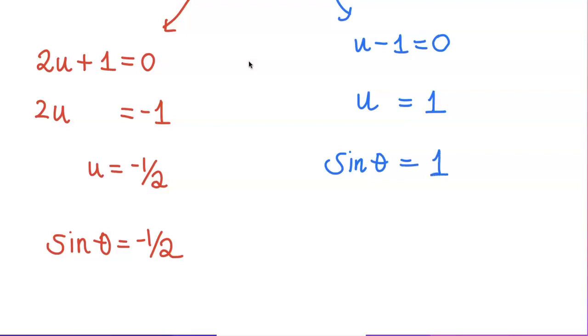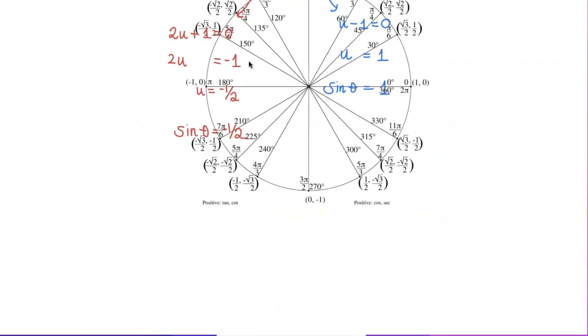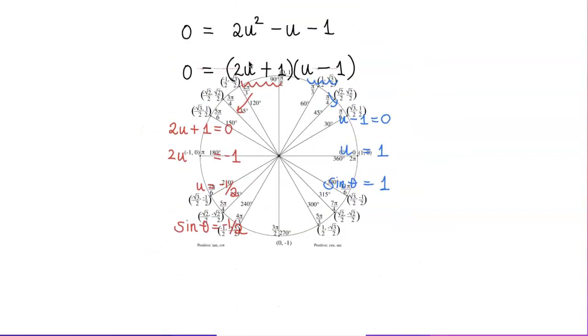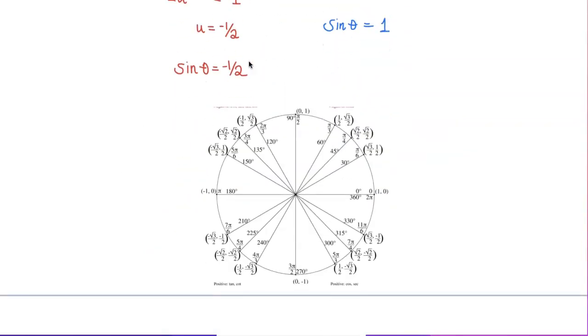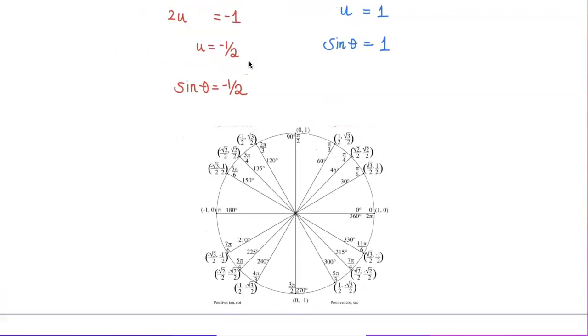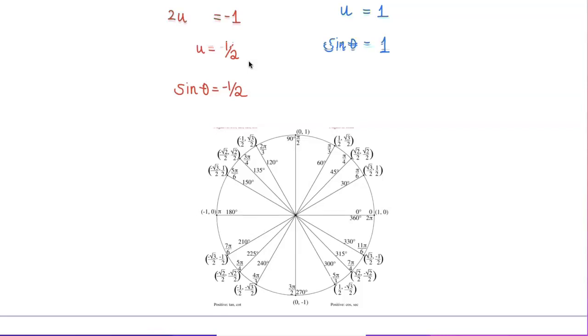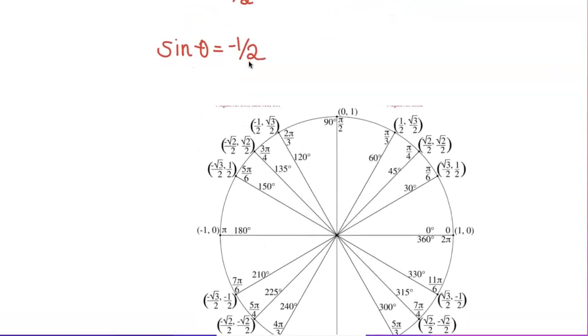Now, let me bring in that unit circle real quick, you guys, because now we need to read the angles from this unit circle. So remember, sine are the y coordinates. So let me try to bring both of these on the same screen. I'll do the red one first. I need you to look for an angle measure that has -1/2 as its y coordinate. So y coordinate is -1/2, below the x-axis, right?